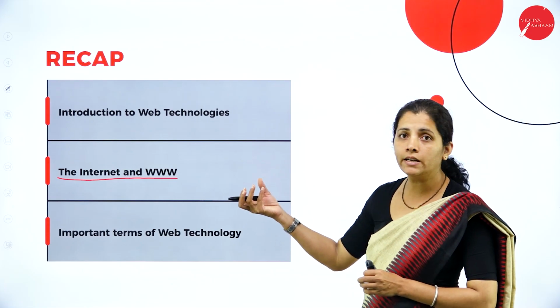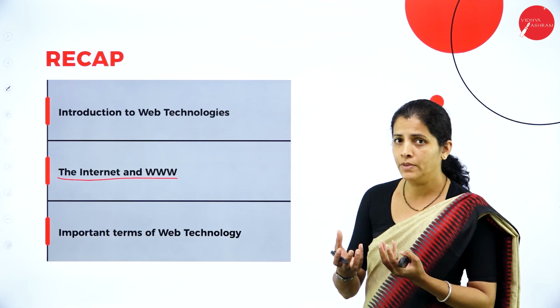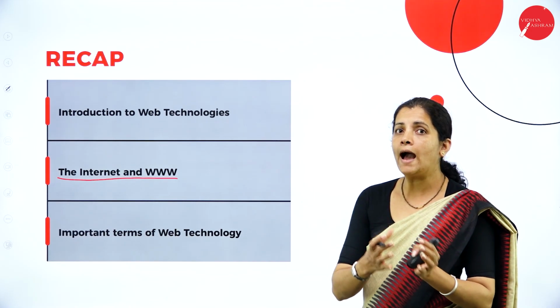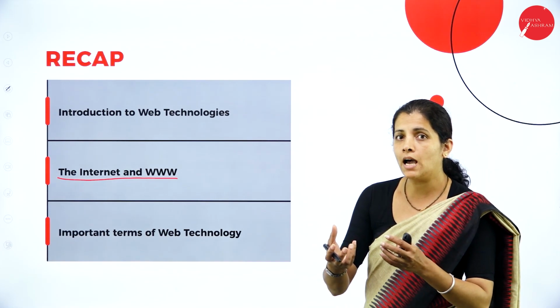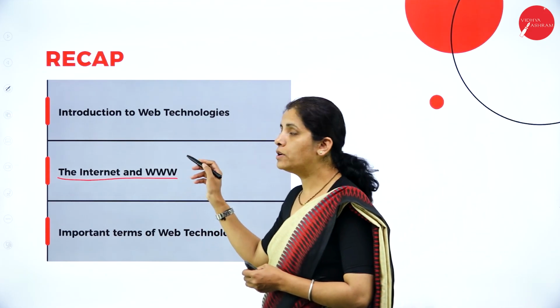So what is the internet? It is nothing but the network of networks. It's a huge network, a network of networks in terms of LAN, WAN and MAN. All the systems are connected through the LAN, WAN and MAN. And what about WWW?